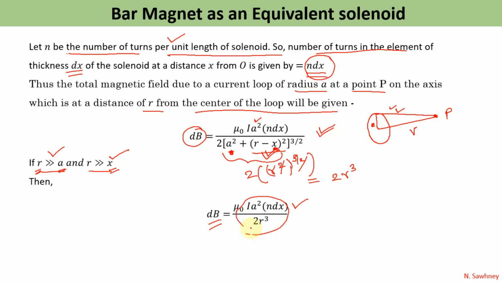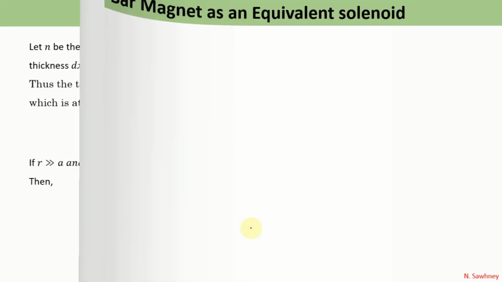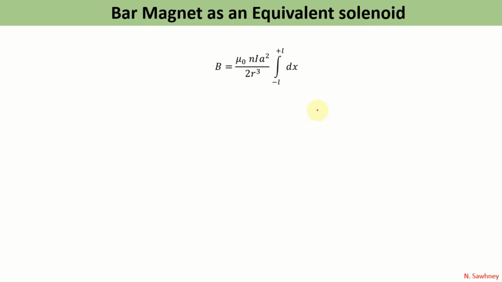So considering the negative x-axis as well as the positive x-axis, it becomes minus L to plus L. This will be the total magnetic field generated at point P due to the entire length of the solenoid, which is 2L.